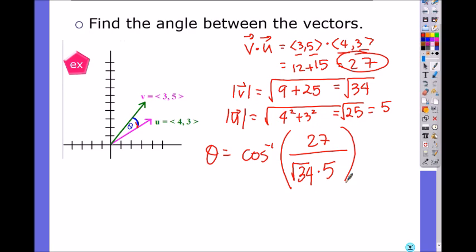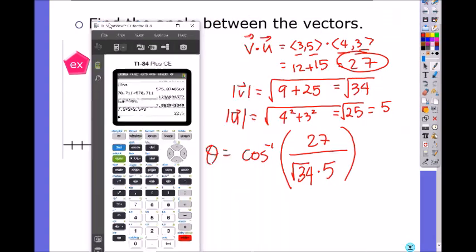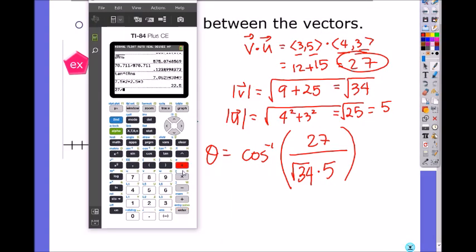If I were you, don't try to start plugging in inverse cosine. First, go ahead and find what you have as a fraction, and then take the inverse of it. So I get 27 divided by square root of 34 and divided again by 5, right? They're both in the denominator.